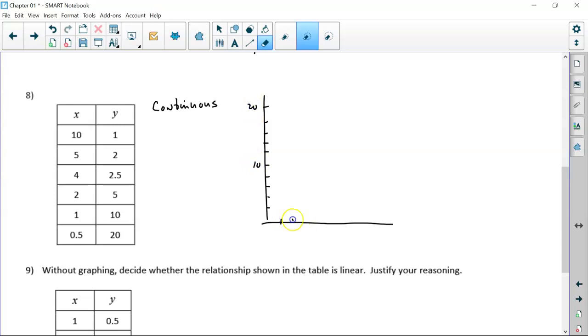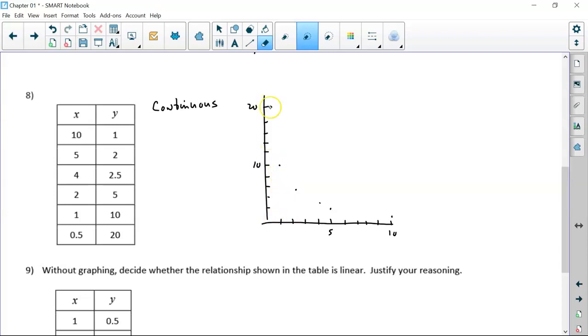And for x's, so we're at 10, 1, so we're about here. We're at 5, 2, so about there. 4, 2.5, about there. Over 2, up 5, so let's say we're about there. Over 1, we're at 10. Over 0.5, we're at 20.